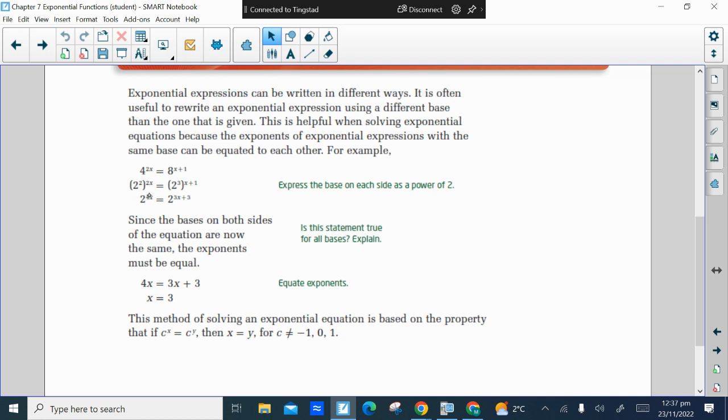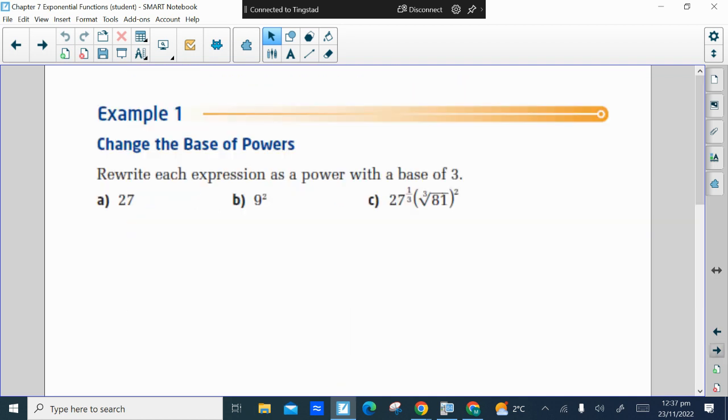So the exponent 4x equals the exponent 3x plus 3, and then you can solve for x. So this method of solving an exponential equation is based on the property that if c to the x equals c to the y, then x must equal y, as long as c doesn't equal -1, 0, or 1. And so that's the process that we're going to use.